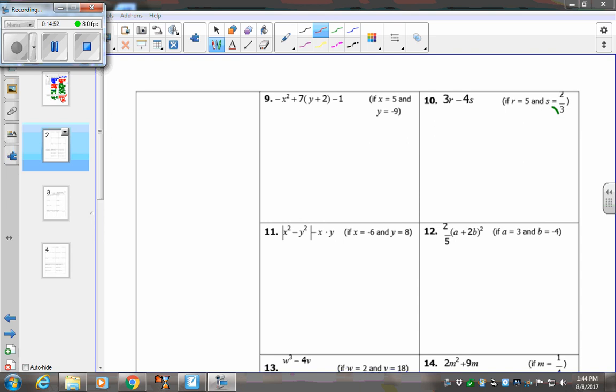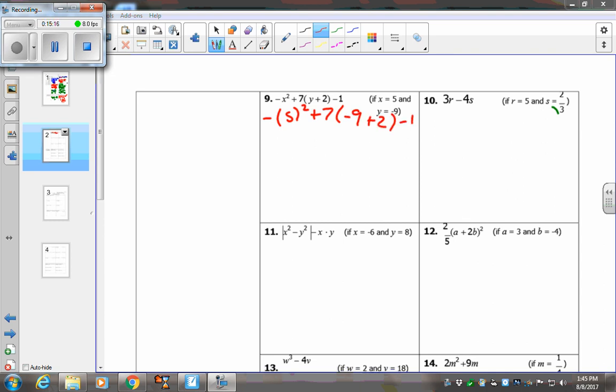Number 9. Negative. Do you see how the negative is in front of the x? That means that negative does not attach with inside the parentheses. So I'm going to do negative 5 squared plus 7 times negative 9 plus 2 minus 1.